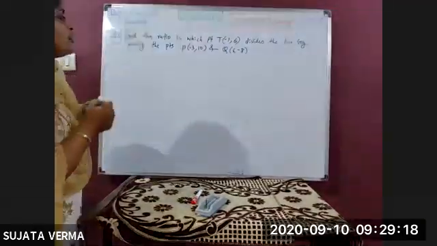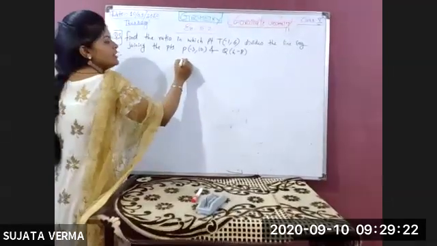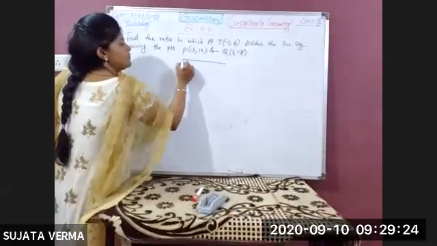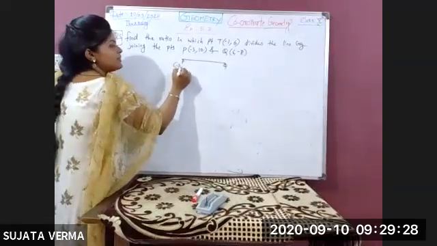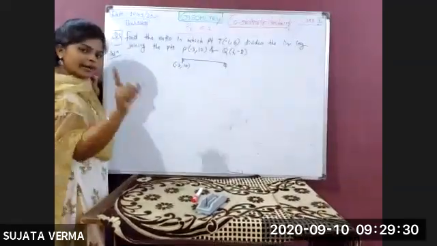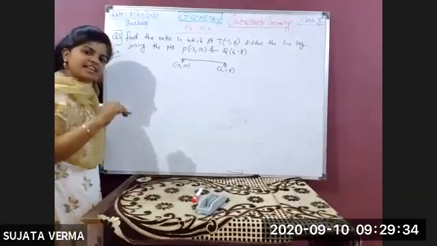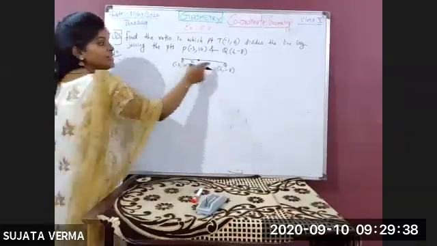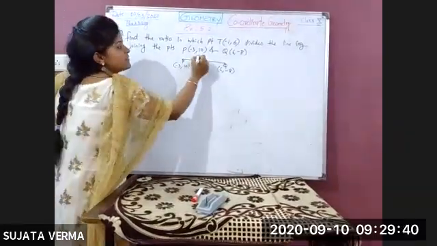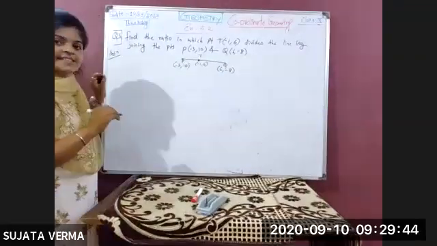Okay. So first we draw a line segment PQ having coordinates (-3, 10) and (6, -8), and T is the point on this line segment. T is the point having coordinates (-1, 6).